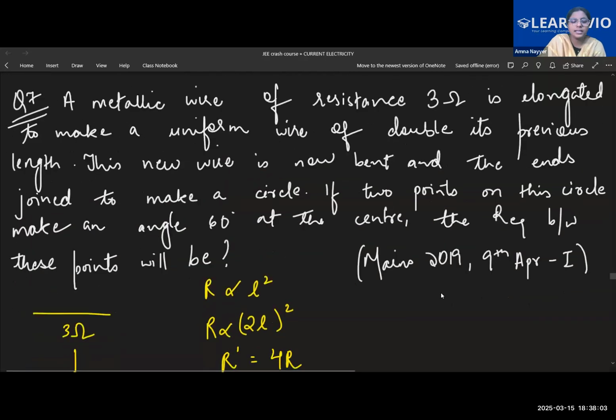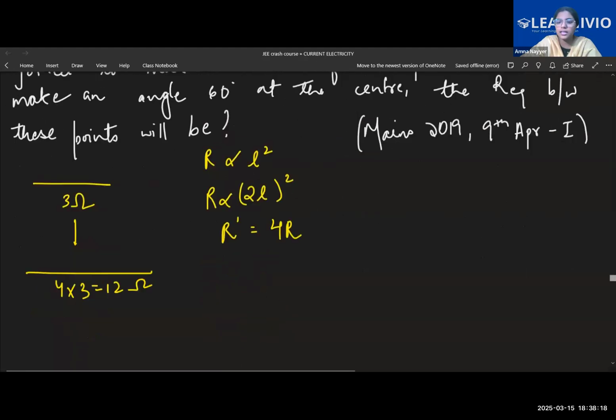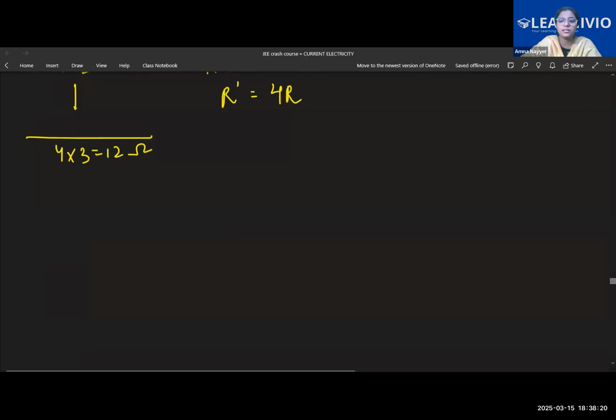Then this says this new wire is now bent, and this time it forms a circle. So what all figures we have seen? Square we have seen, triangle we have seen, and now we are seeing a circle. So this wire is there and this is bent in the form of a circle.